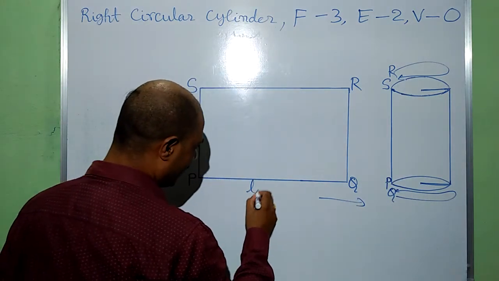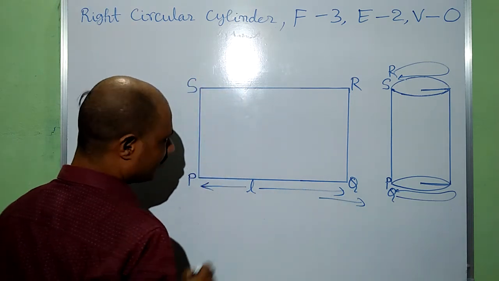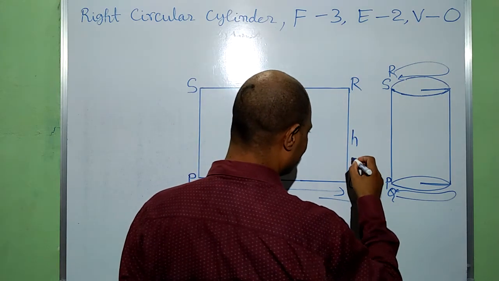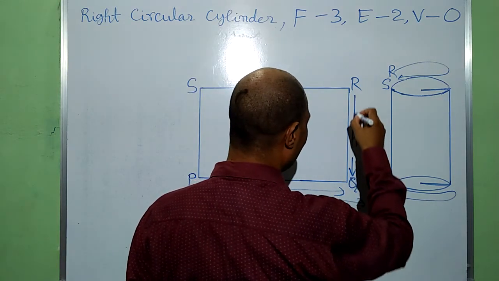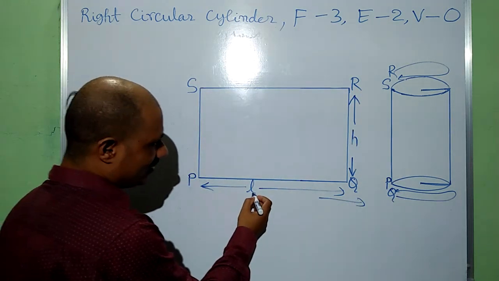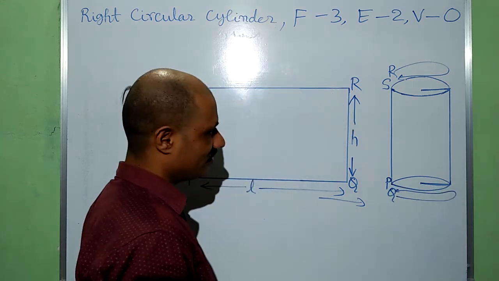Suppose this is L of this rectangular sheet, and this is its height. It is vertical on this plane. This is its height. Now this L is changed here, circular base.